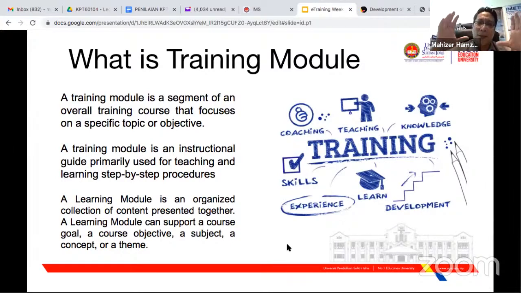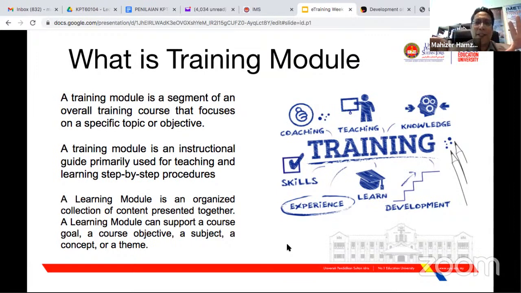Kalau satu modul tu merangkumi beberapa topik yang kecil, contohnya kalau kita nak come up with one specific training module. For example, we have discussed in the last few meetings about developing material for training.